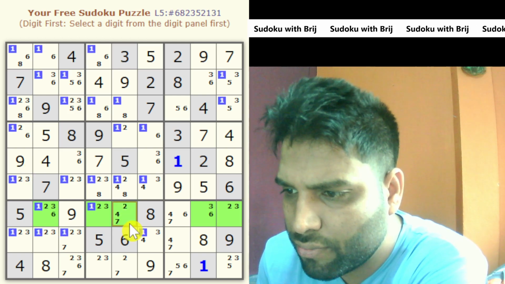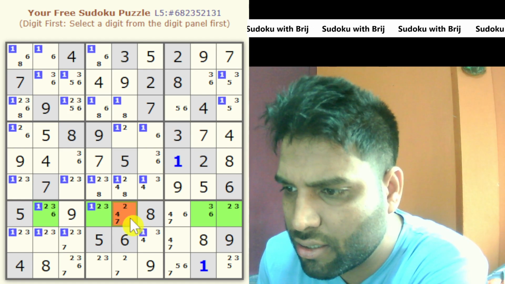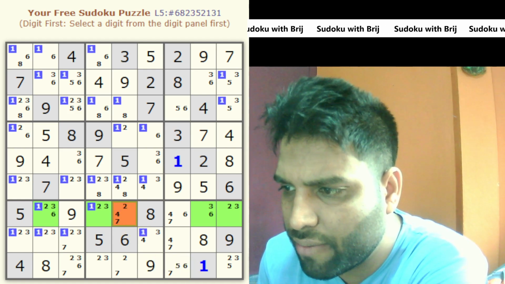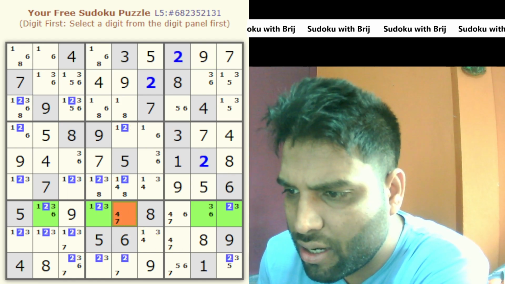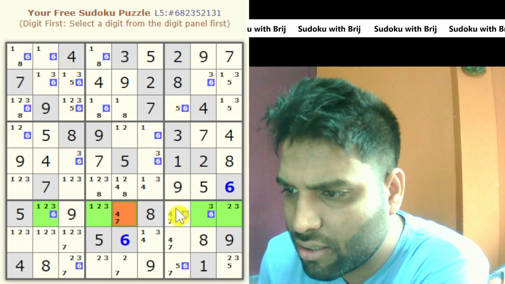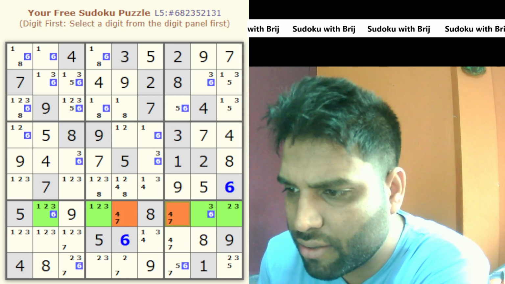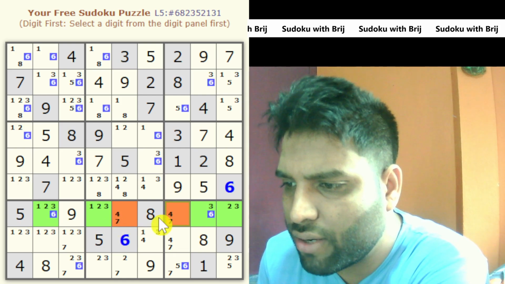from this cell. Let me mark that cell as red. I can eliminate 1 from here. Similarly, I can eliminate 2 from there, and now let's move on to another cell. I can remove 6 from here. So now there is a naked pair of 4 and 7 in this cell.